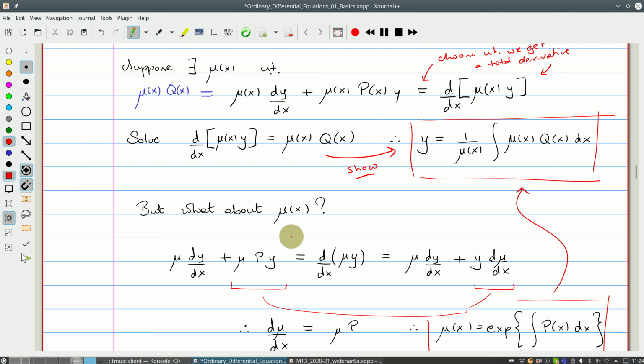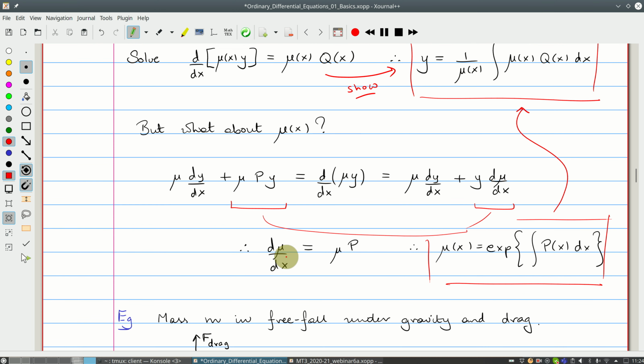So what we have here is mu times dy by dx plus mu times p times y. That's the second term, and that's equal to the last term. And the last term, if you differentiate using the chain rule, you will get mu times dy by dx plus y times d mu by dx. Now we've got a common term on both sides, so we can effectively cancel those and write down a simple differential equation for mu.